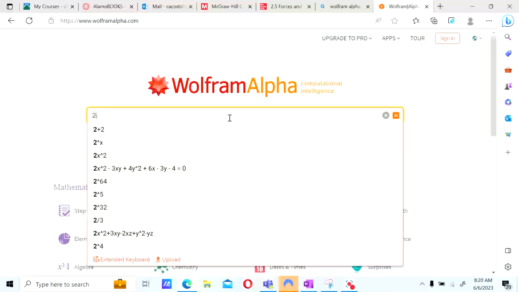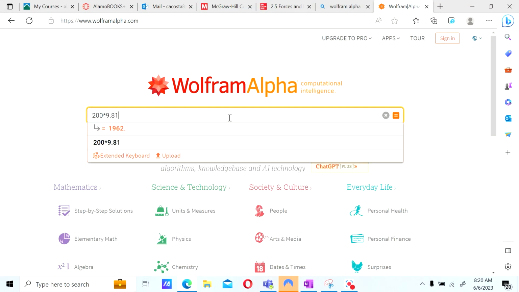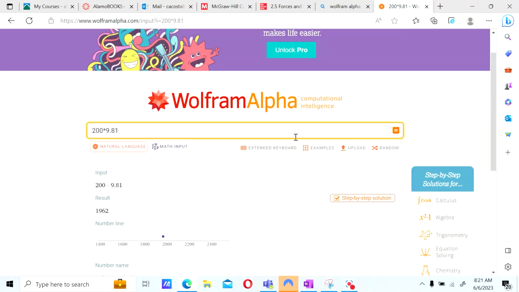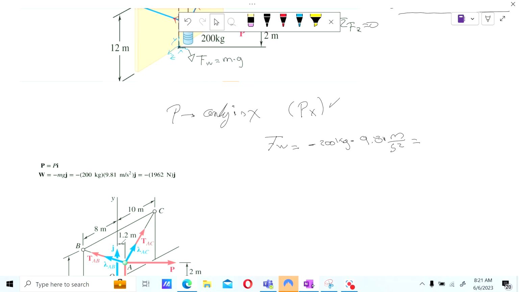If we use the calculator, 200 times 9.81 is 1962. This is negative, in J, in newtons. So we have two things, the force Px and the force Fw, which is in y.